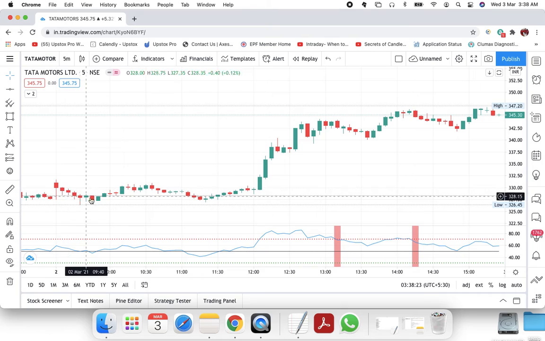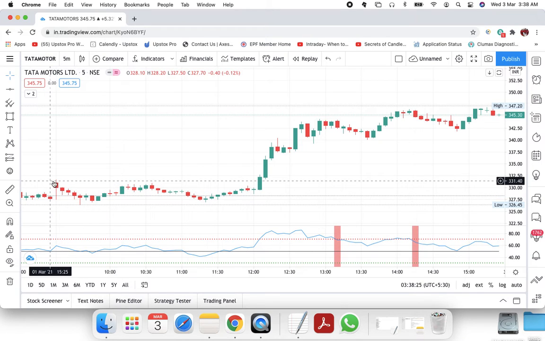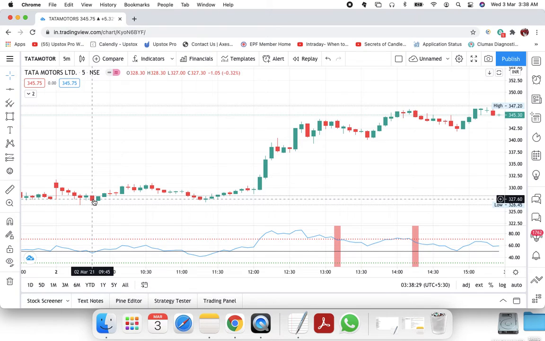If you see from here to here, the close has been lesser, and very less. And the very next candle opened at the close price, but it is a green candle and it closed at the previous candle's open.